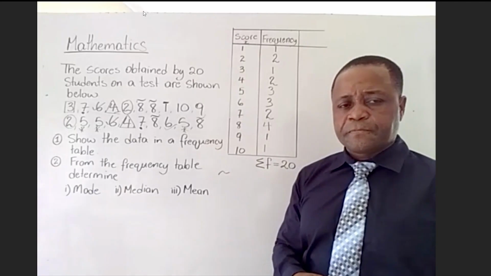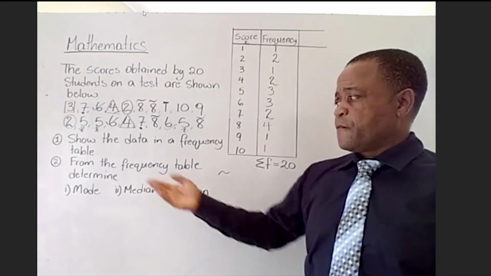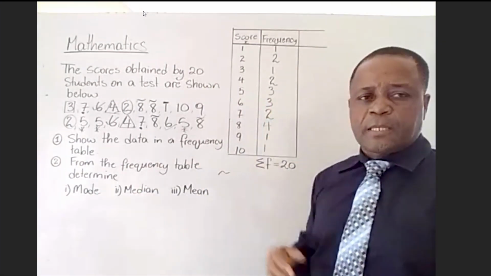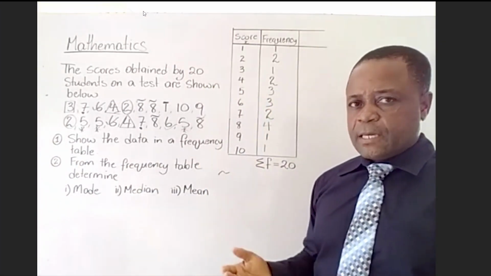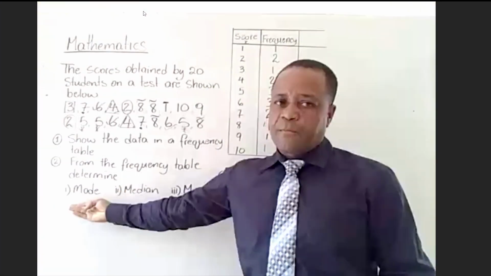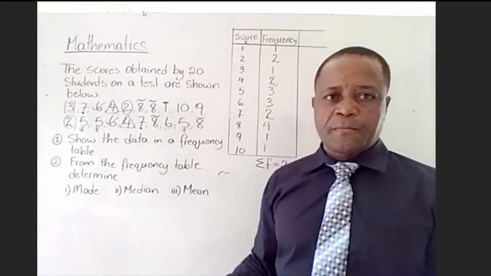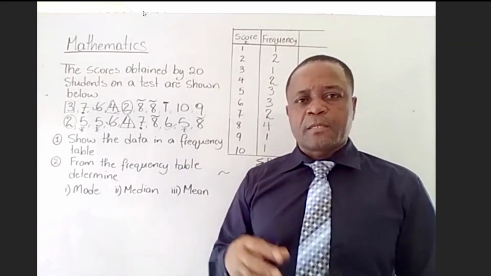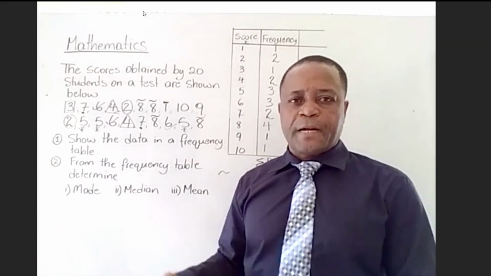Now, with that said, it's very easy for us to find the mode from the frequency table. As was mentioned before, the mode is the most frequent occurring value.